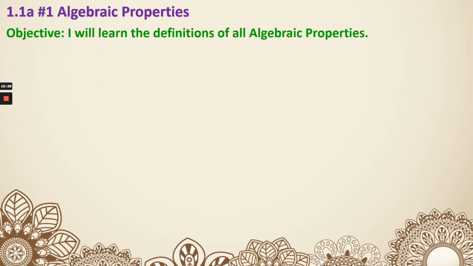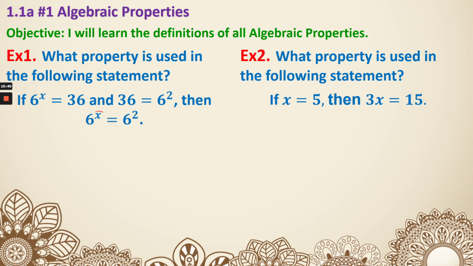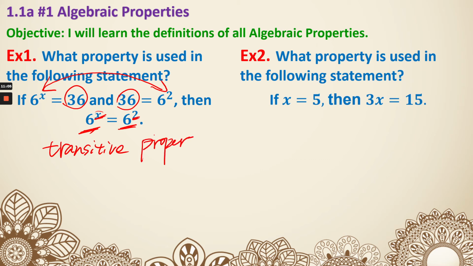However, in this example, we're not just concluding about the x and the 2, we're concluding about the whole thing, which is why it's not that. But if you look more carefully, 6 to the x power equals 36. 6 squared also equals 36. So these two things are being connected by 36, which is why this is actually transitive property of equality.